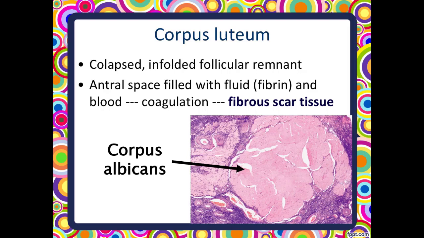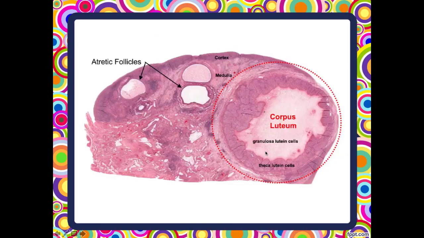This will cause the production of connective tissue and fibrous tissue within the follicle. And eventually the corpus luteum will be replaced by the fibrous scar tissue, which is called corpus albicans, white body.